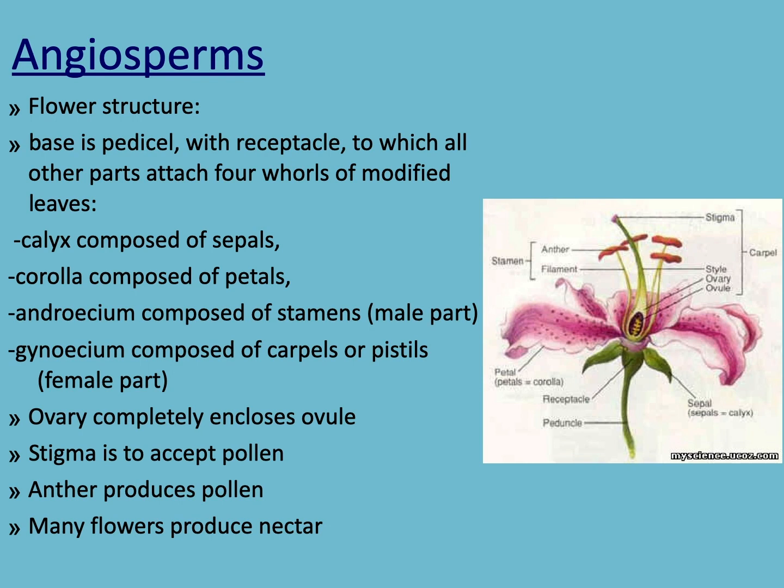The second whorl is comprised of petals, usually brightly colored, collectively called the corolla. The numbers of sepals and petals vary depending on whether the plant is a monocot or dicot. In monocots, petals usually number 3 or multiples of 3. In dicots, the number of petals is 4 or 5, or multiples of 4 and 5. Together, the calyx and corolla are known as the perianth.